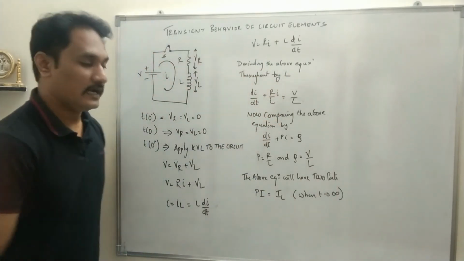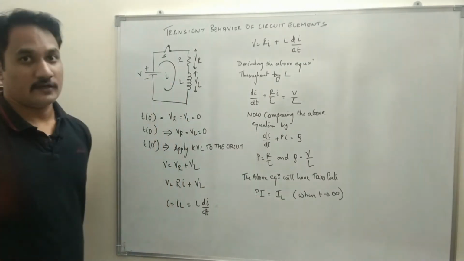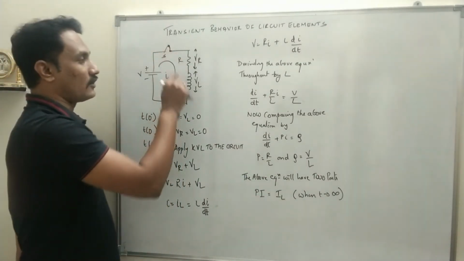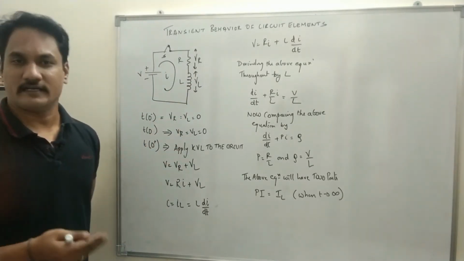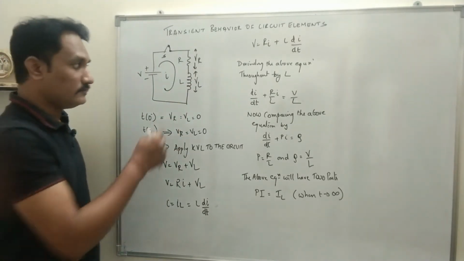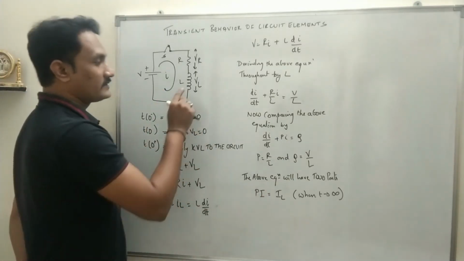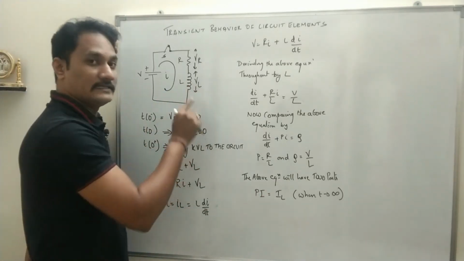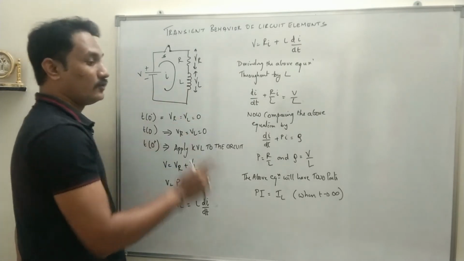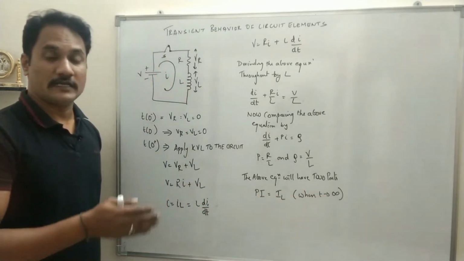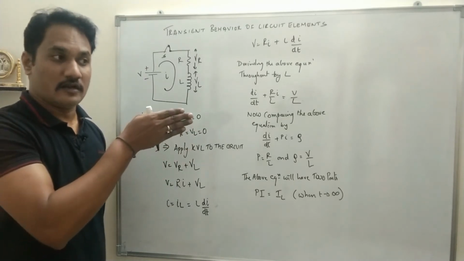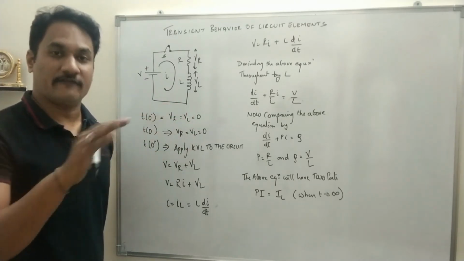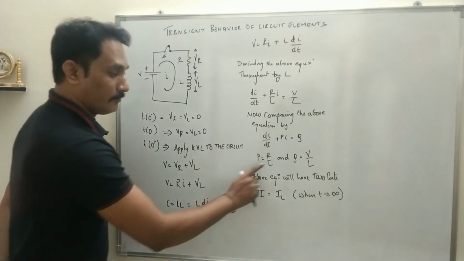Okay, let us come back to this point. Now what will happen is, as soon as the switch is on, current will flow through the inductor, right? Current is rate of flow of charge. So the current will keep on increasing, right? And at t equal to infinity, that means after a lot of time has elapsed, that is where we are trying to understand the particular integral part.